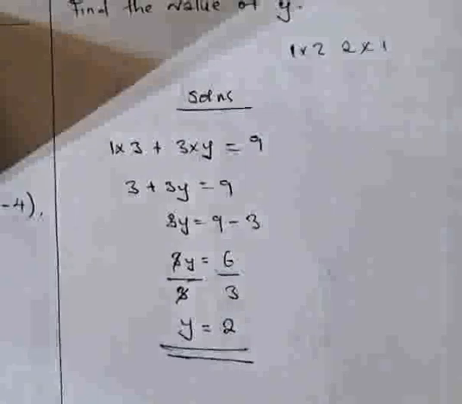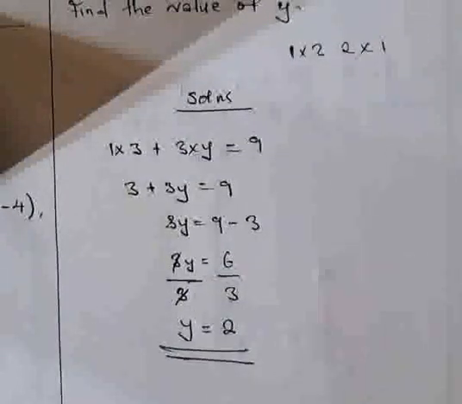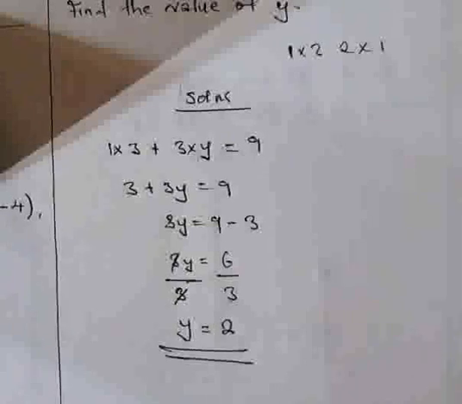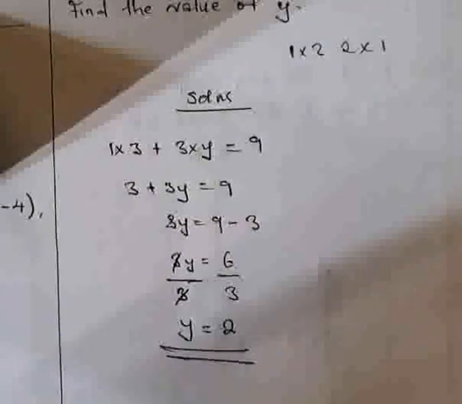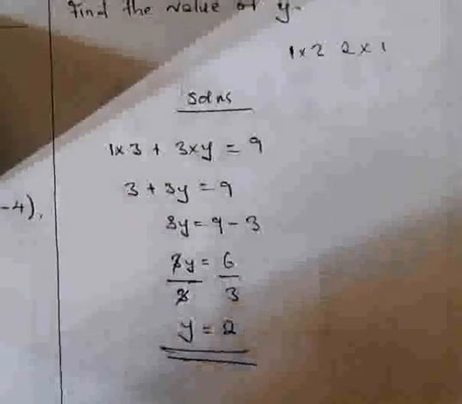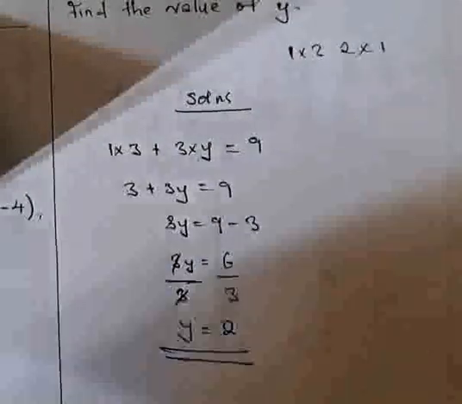Remember again, always with matrices, when you are multiplying, please, the first thing is to make sure that you jot down the orders of those matrices so they show you how the picture of that matrix is going to be.